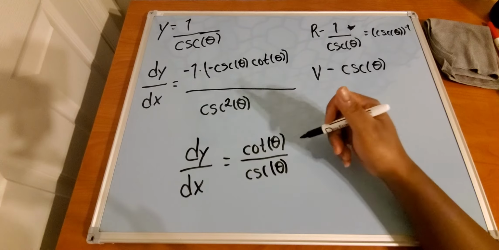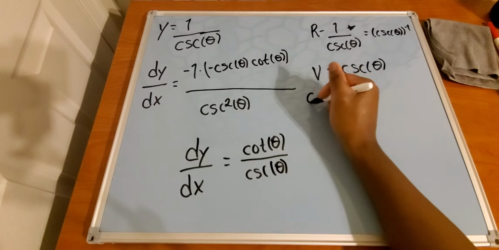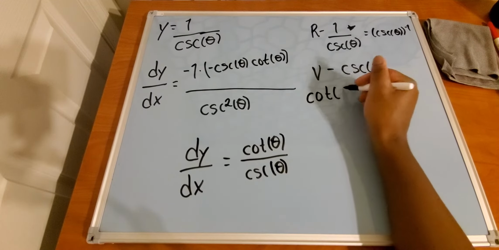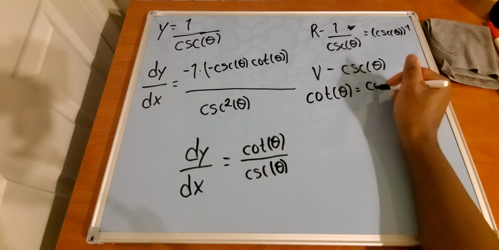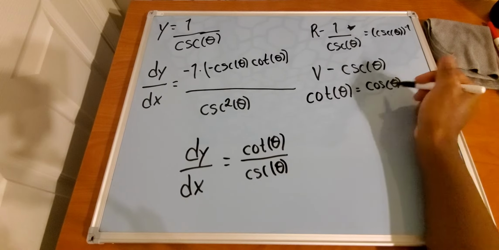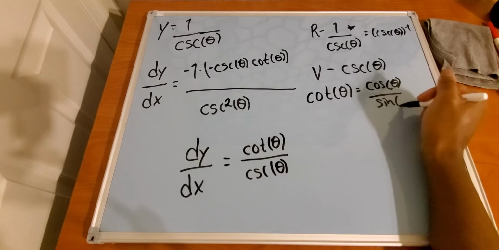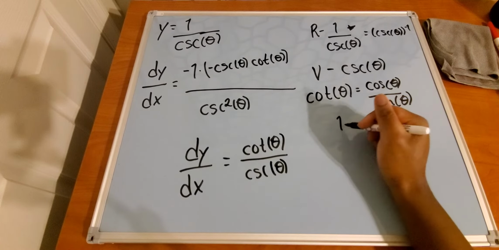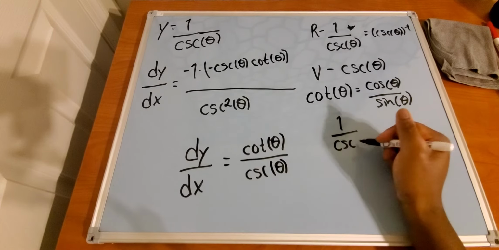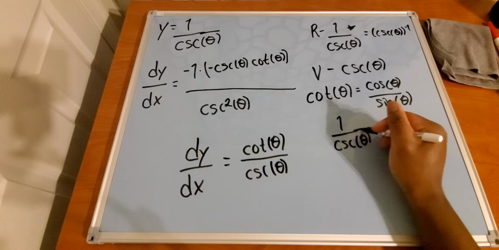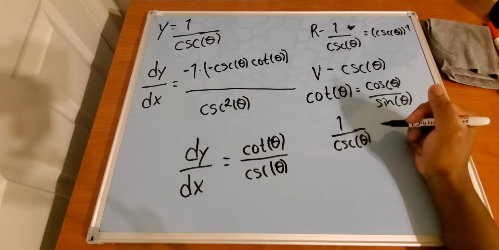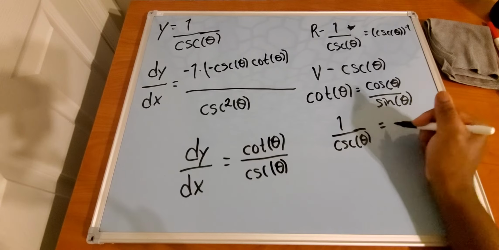You can actually simplify it past here because if you remember, cotangent of theta is equal to cosine over sine, and also 1 over cosecant of theta. Well, we know cosecant of theta is normally 1 over sine, so 1 over cosecant is just sine theta.